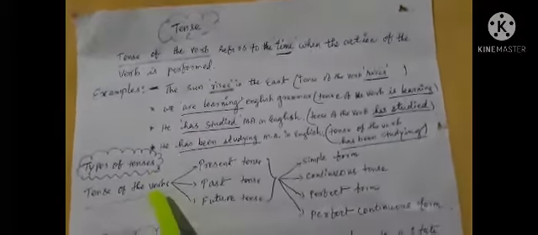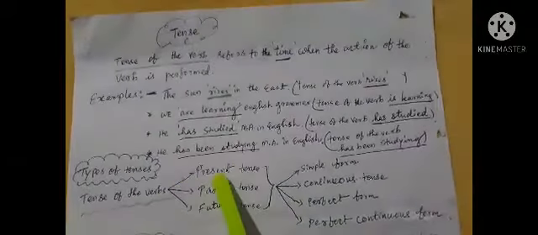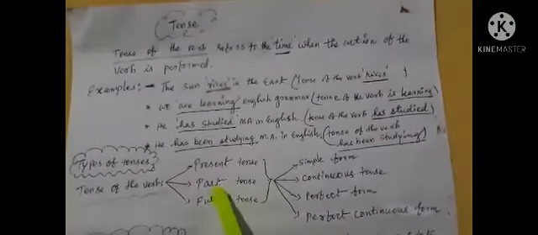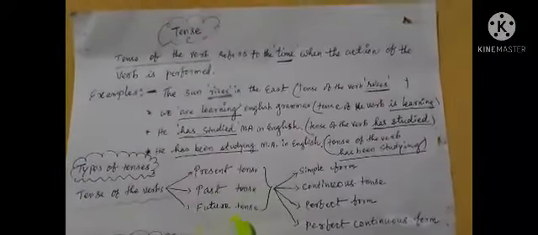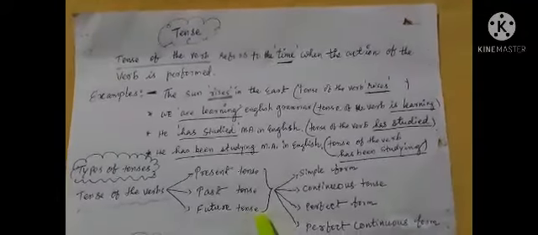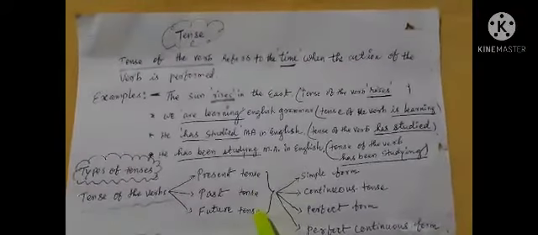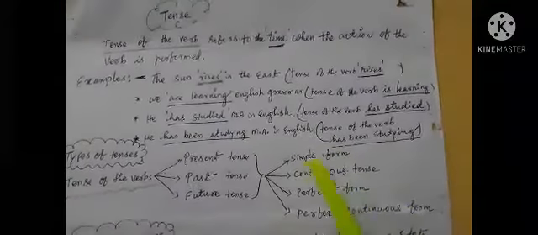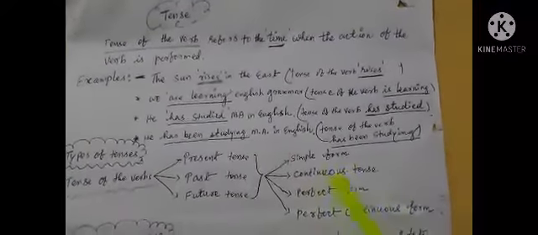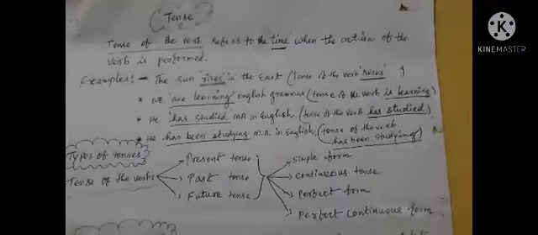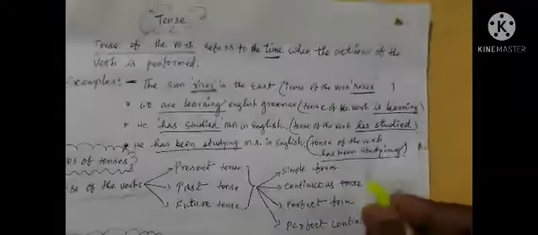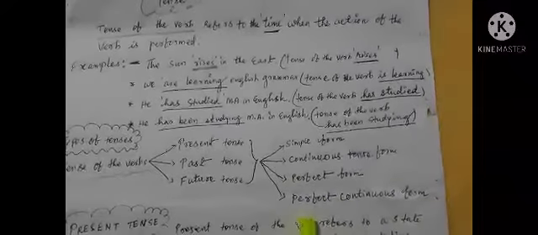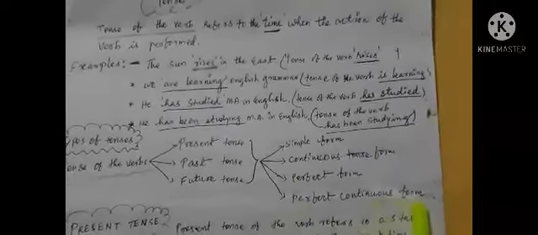After we have understood what is tense, let us now see the types of tenses. There are three types of tenses. The first is present tense, the second is past tense, the third is future tense. And all of them have four forms. The first is simple form, the second is continuous form, third is perfect form, and the last is perfect continuous form.